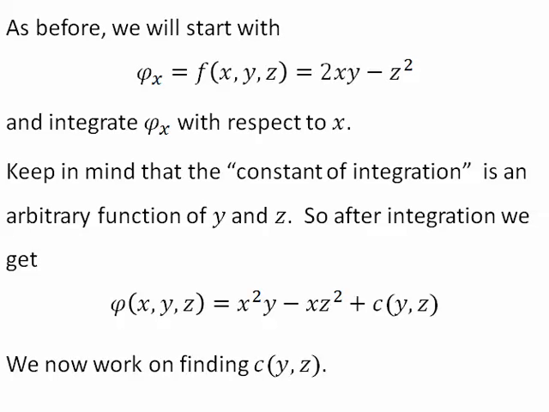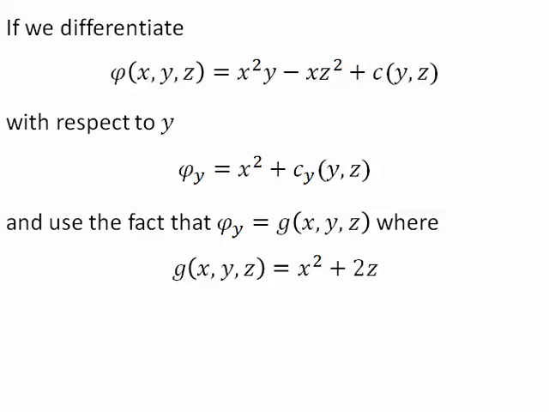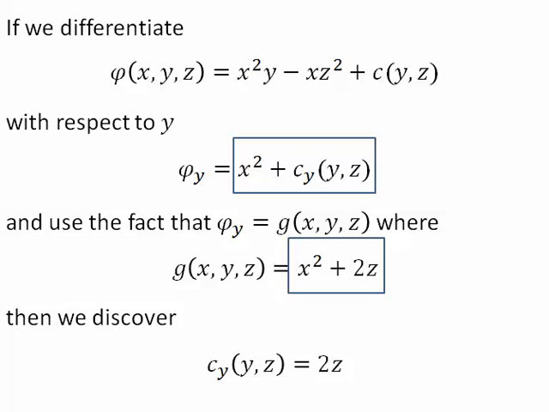Okay, we're now going to work on finding this constant of integration. If we differentiate what we have found with respect to y, and use the fact that we know what phi partial y should look like, then we discover that c partial y would have to be 2z.